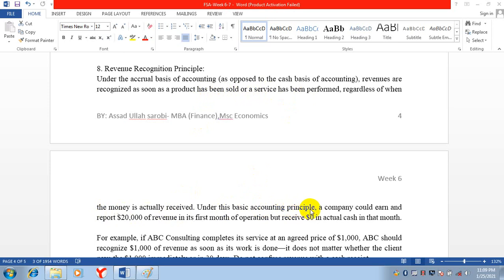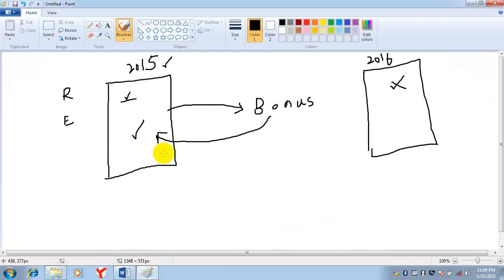Under this basic accounting principle, a company could earn and report $20,000 of revenue in its first month of operation, but receive $0 in actual cash in that month. Now here he gives an example. Suppose this is the month of October.